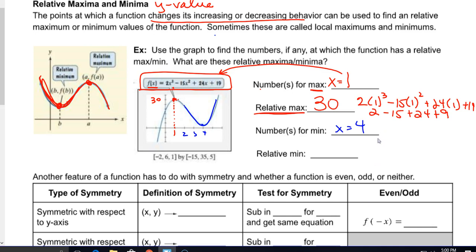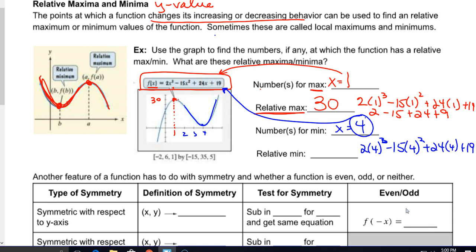Now, we're going to use this here. We have to take x equaling 4 and plug it into that function. So I need 2 times 4 cubed minus 15 times 4 squared plus 24 times 4 plus 19.